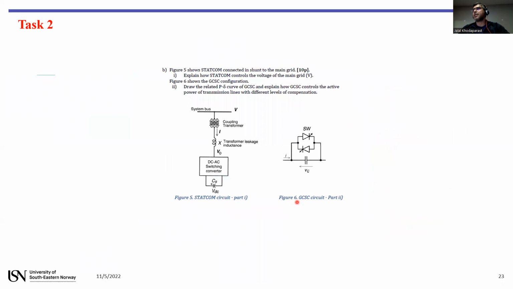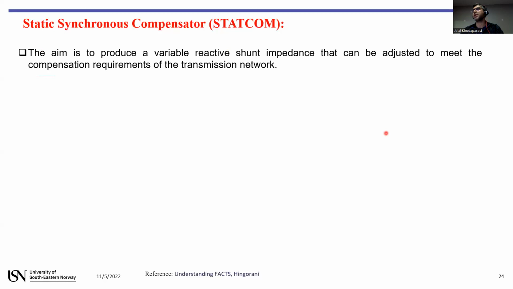Another subtask in task 2 is related to the FACTS device. So you have two devices, STATCOM and GCSC, and you want to evaluate their performance. In order to evaluate them, you need some background about the STATCOM. The aim of a STATCOM is to produce a variable reactive shunt impedance.